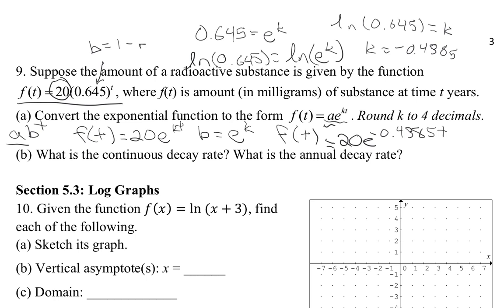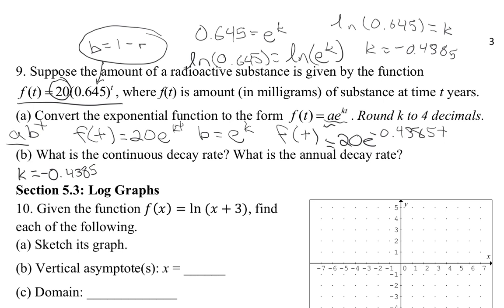Okay, next we're looking at the continuous decay rate and the annual decay rate. So in part A, our answer, we can look at that and we can see, hey, that's a continuous decay function. So when we have that, all we're going to look at is the value of k. So our continuous decay rate is k, which is equal to negative 0.4385. And then for our annual decay rate, we can look at the original function we were given.